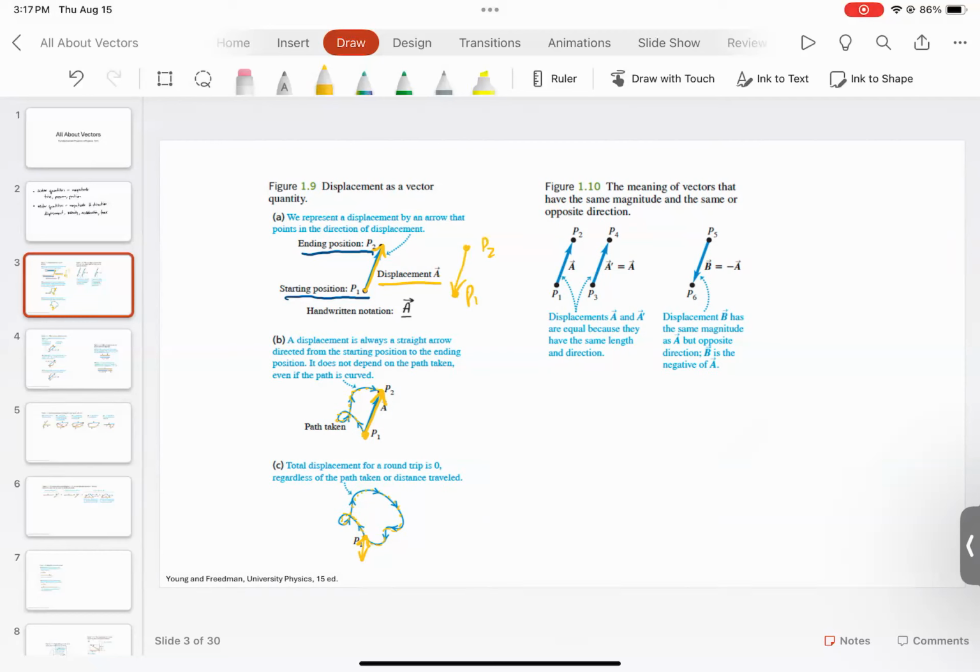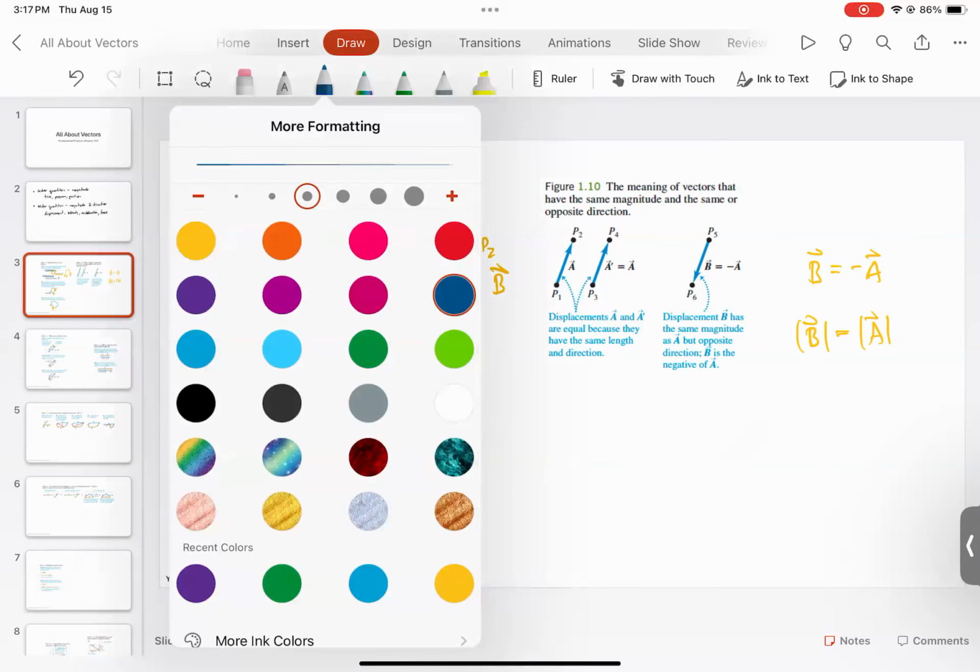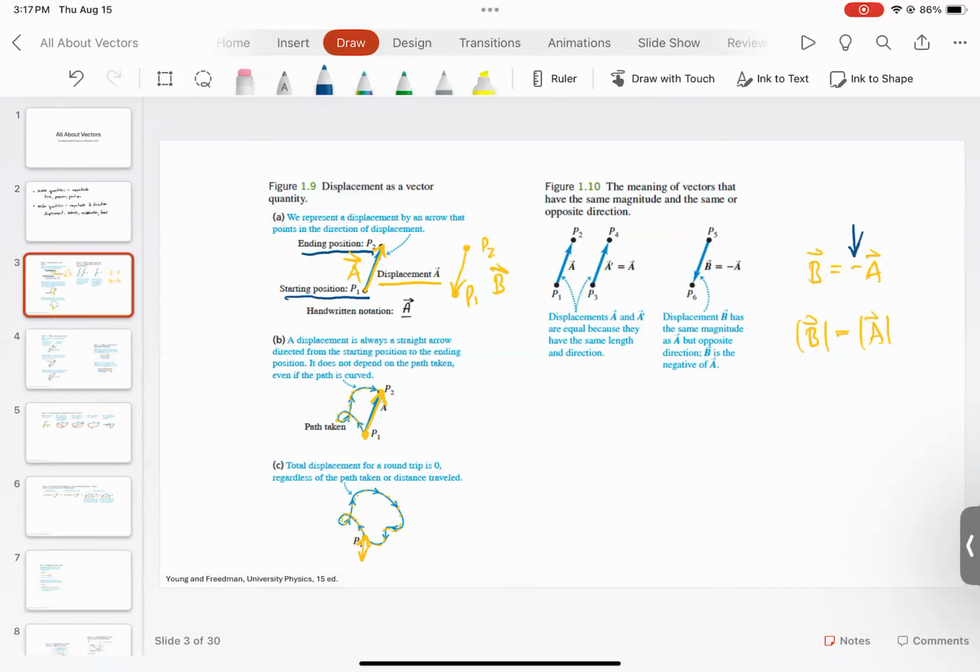So if we represent this as vector A and this as vector B, then in that case, vector B is just the negative of vector A. So they have the same displacement, but their direction is opposite. And yung representation natin ng direction nila ay through this negative sign. So the negative sign connotes na opposite sila in direction.